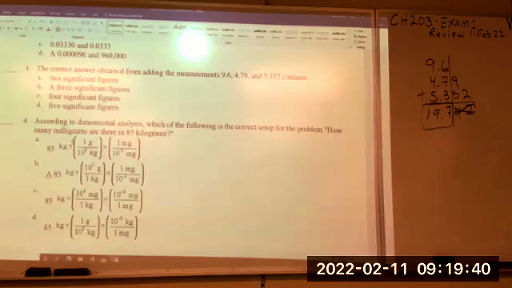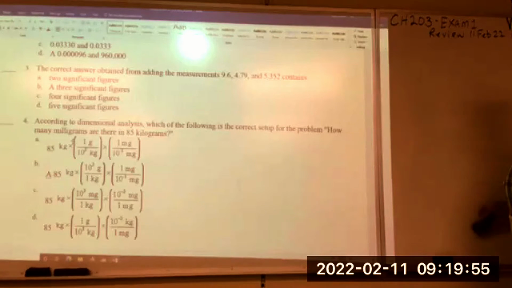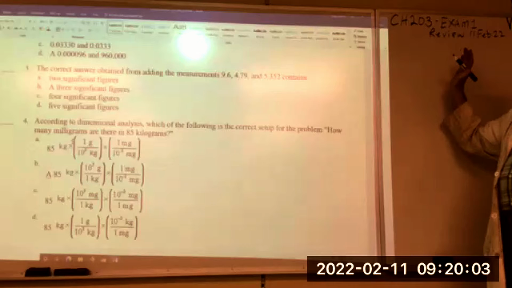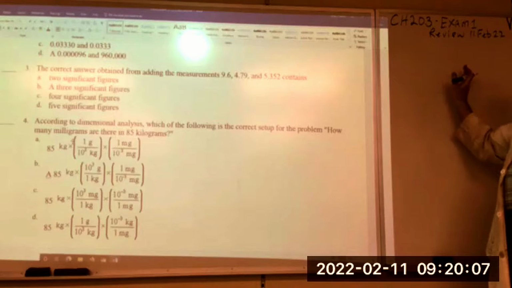Okay, so if we had, you remember the example I used for what do you do with numbers that don't have explicit decimals in them? Well, you still have to line up the assumed decimals, but then to decide where you chop it off, you say, are the zeros significant or not?